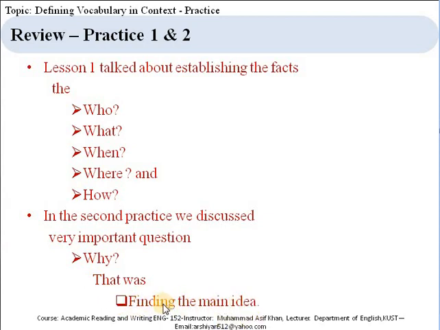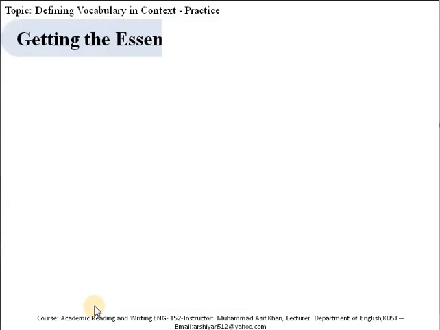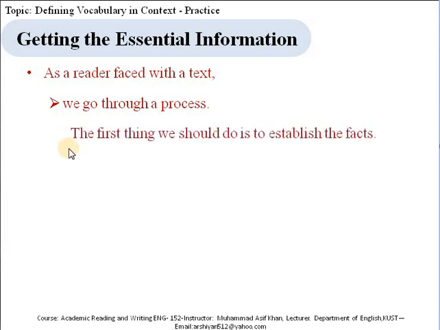So the first exercise was about getting the essential information. As a reader faced with the text, we go through a process, and the first thing a reader should do is to establish the facts. When we ask the who, what, when, where and how questions, we are trying to establish the facts.